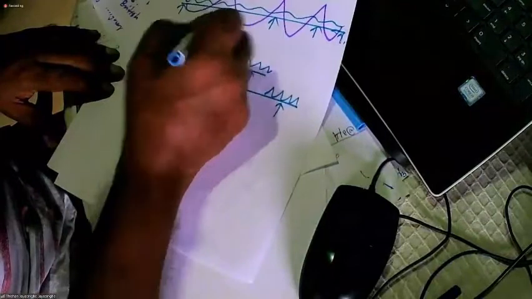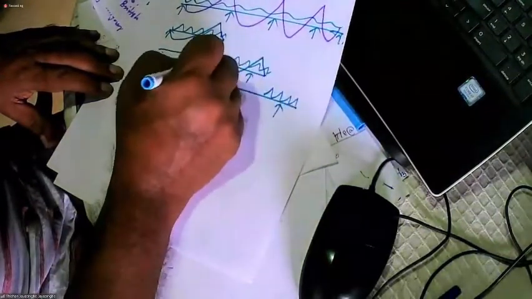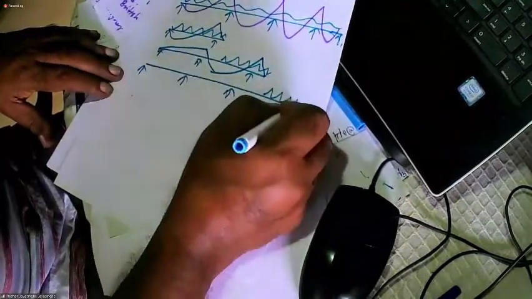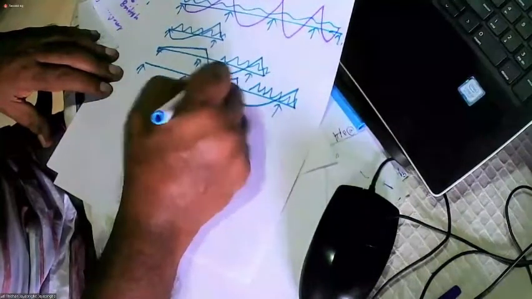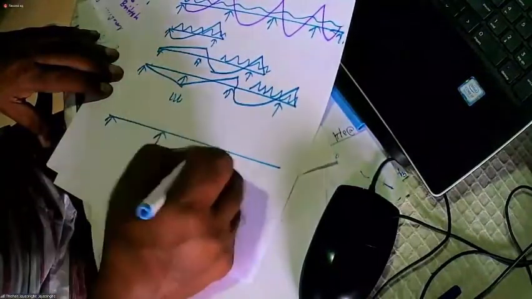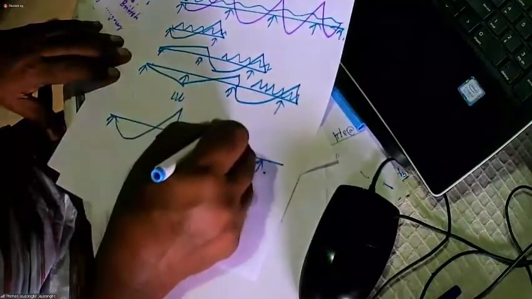So what are the bending moment diagrams? This. So if monolithic at once, we get a bending moment diagram like this.